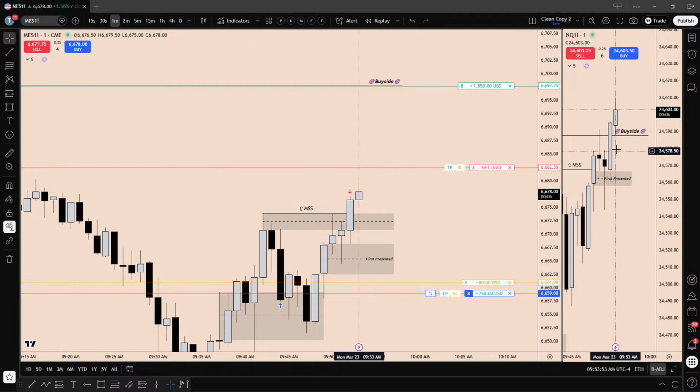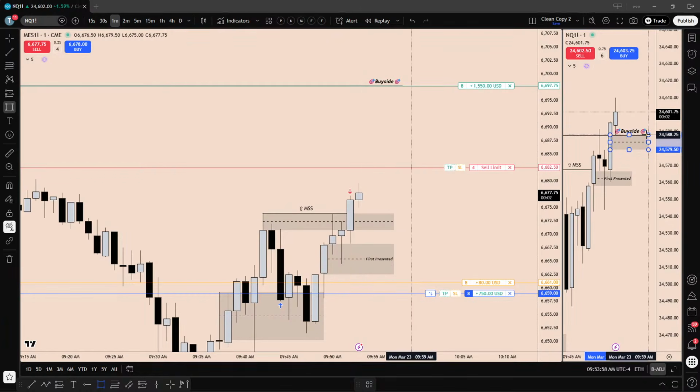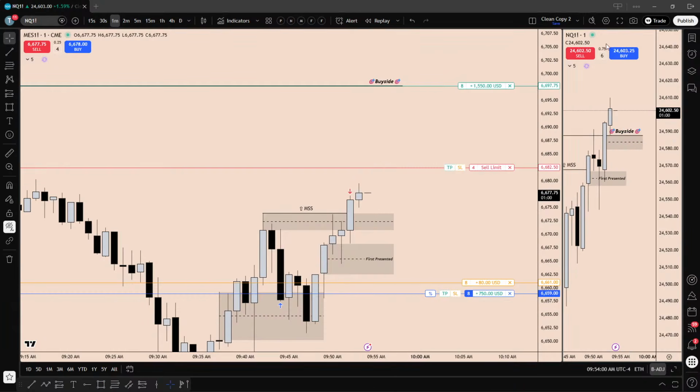If NQ could leave that fair value gap there, that'd be money. Perfectly aligned. That might even be a breakaway, to be honest. I wouldn't be surprised to see that not be traded into.